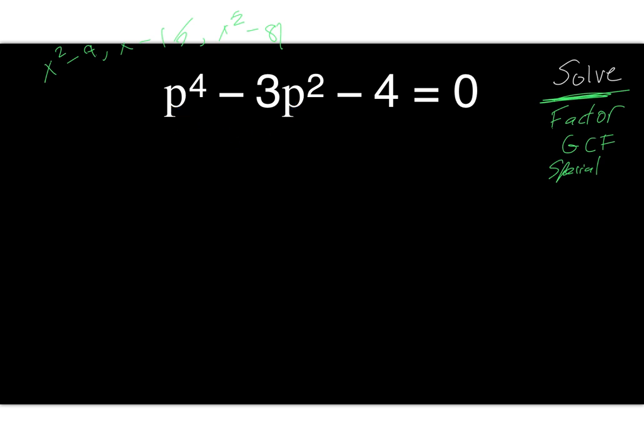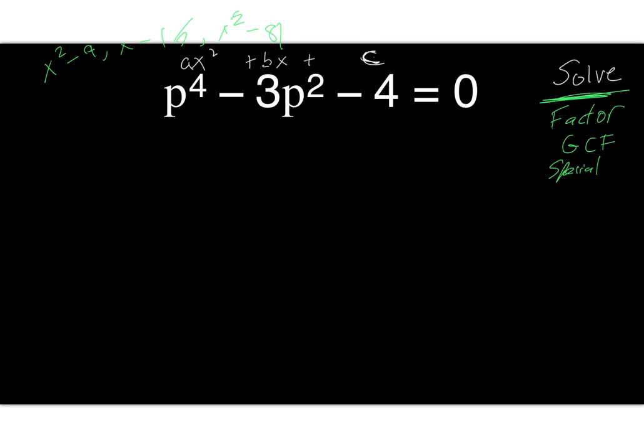But what I can do, let me just write it above here, ax squared plus bx plus c has been the form we've mostly worked with, where the first term is squared, the second term is just a single power, and the third term is a constant.